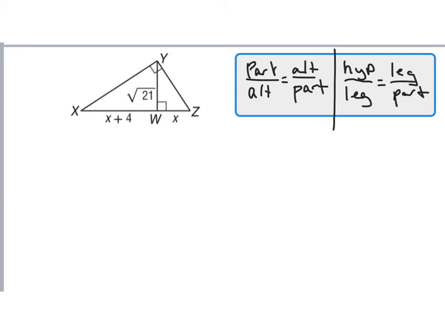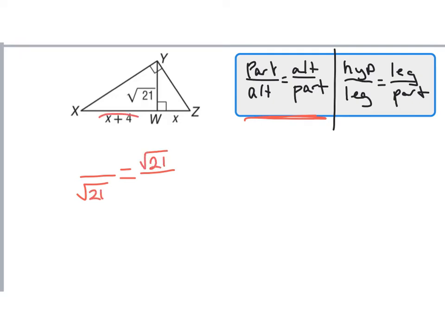All right, so when I look at this problem, it's a little bit more difficult as far as solving goes, for those of you in pre-AP who need to solve the problem. And I look at my information. I don't have any legs, I have an altitude, and I have parts. So I'm going to go with this formula on the left-hand side. My altitude is the geometric mean, square root of 21, square root of 21.